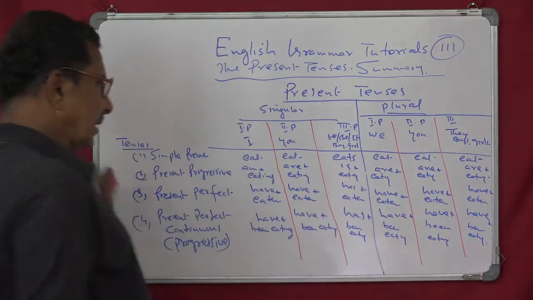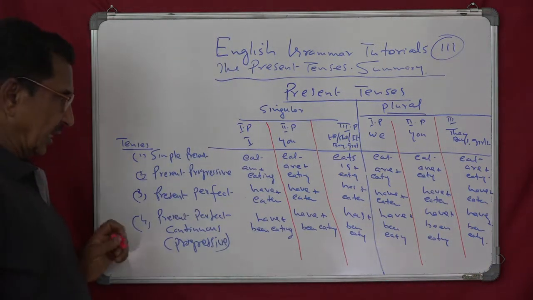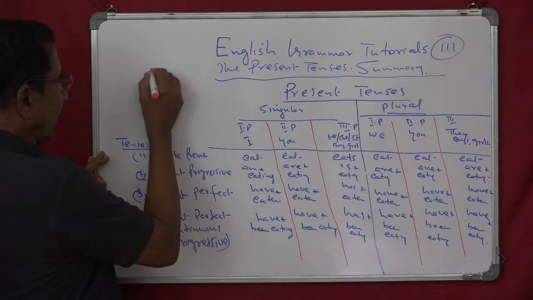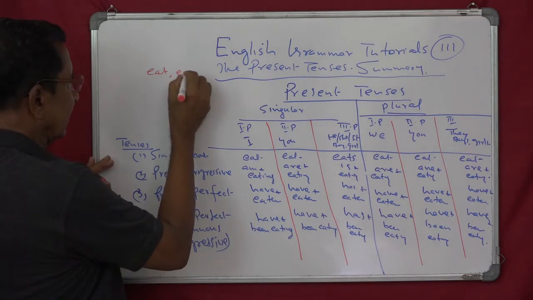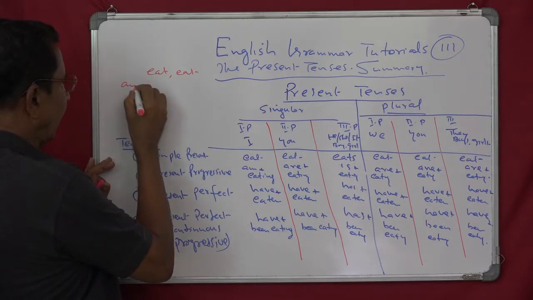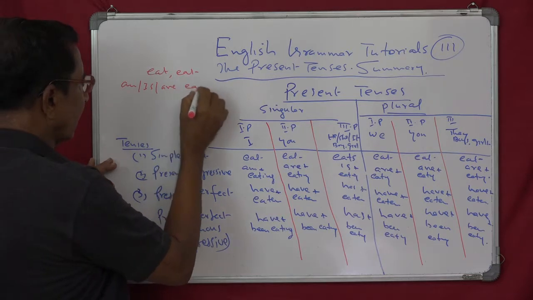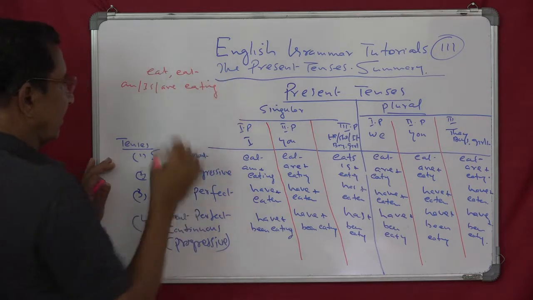So, as a conclusion we can say, in English, how many forms do you have? One: eat, eats. Then is eating. Again a summary.